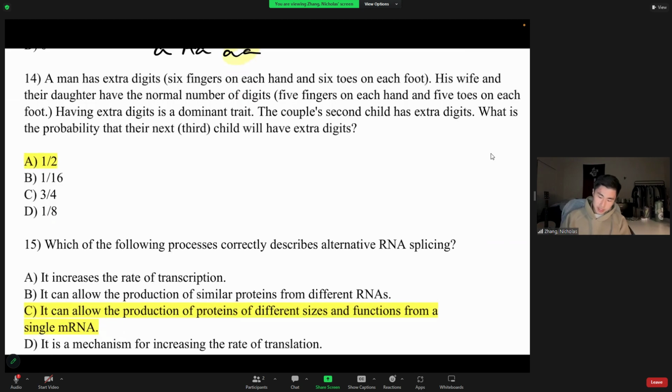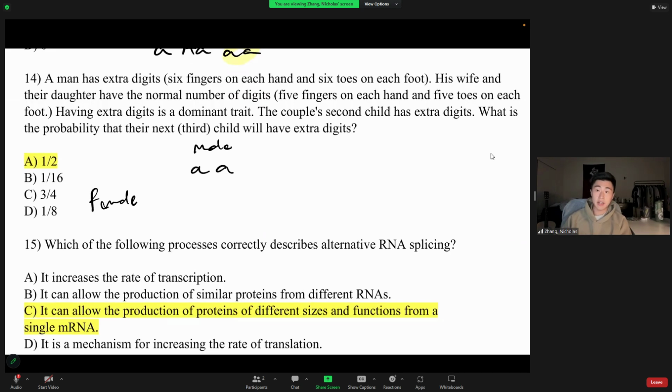A man has extra digits. His wife and their daughter have the normal amount of digits. Their second child has extra digits, right? So from this question, we know that the man is, let's use A. The woman, the female, sorry, is not going to be homozygous dominant, even though she has the normal number of digits.